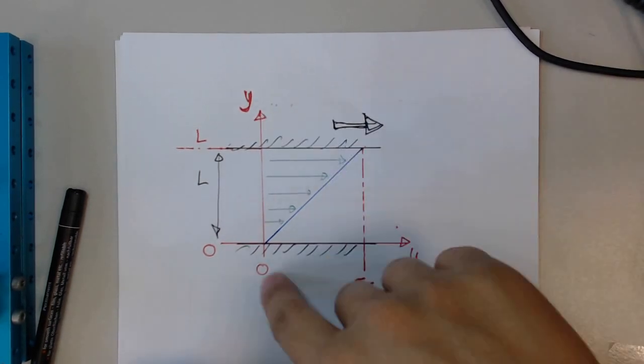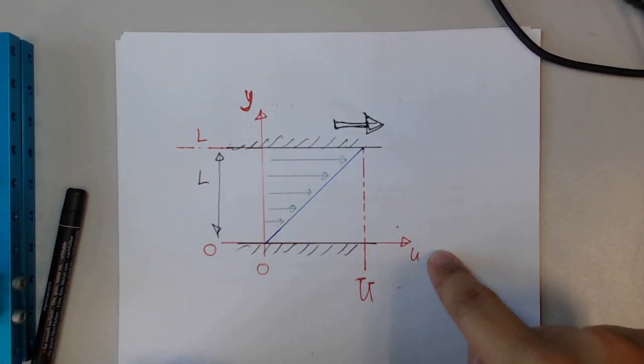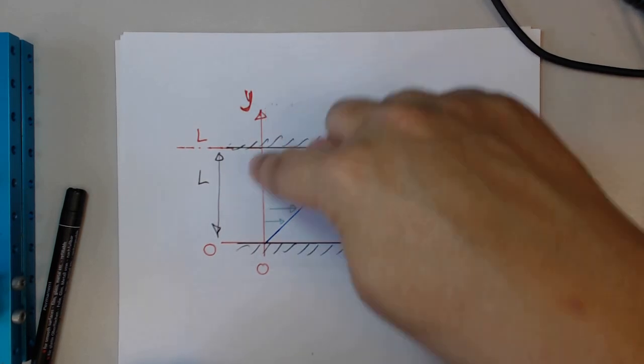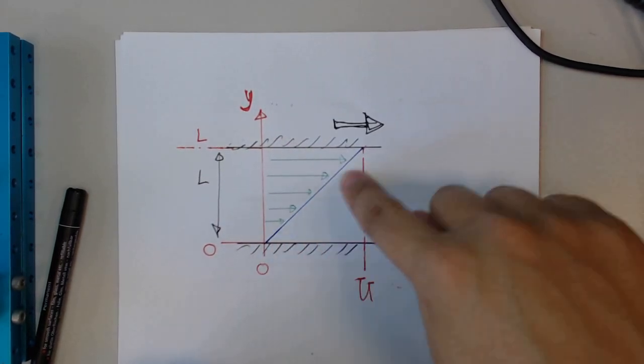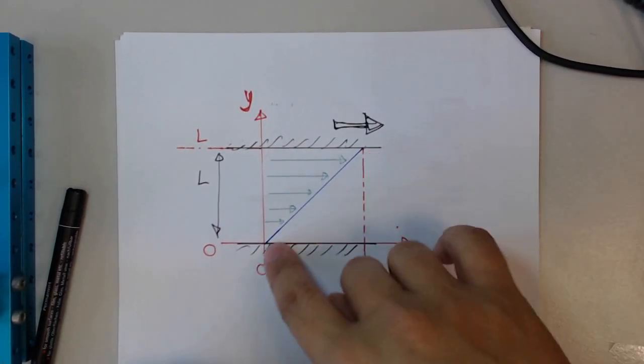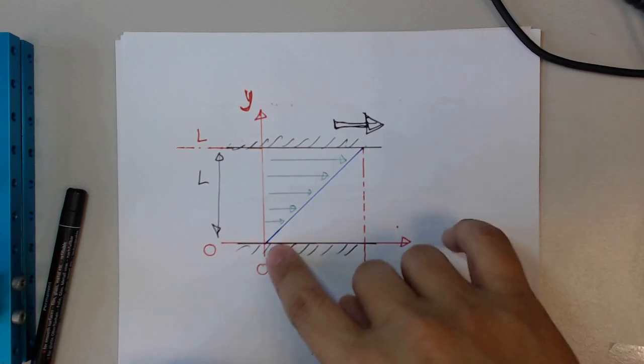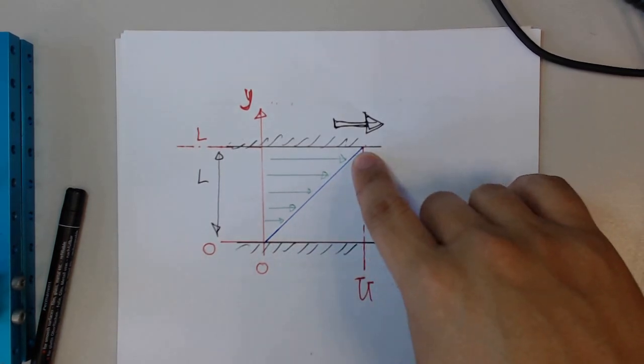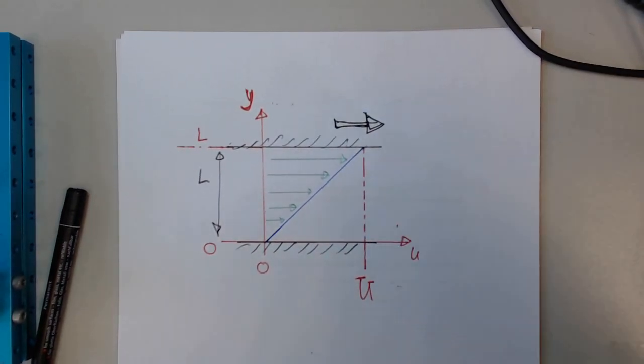So if we draw two axes, Y against U, you will be able to plot this blue line over here. In fact, this is the speed of the fluid in between these two surfaces.